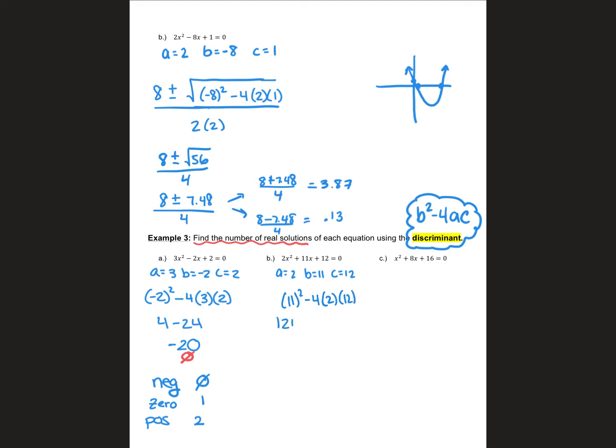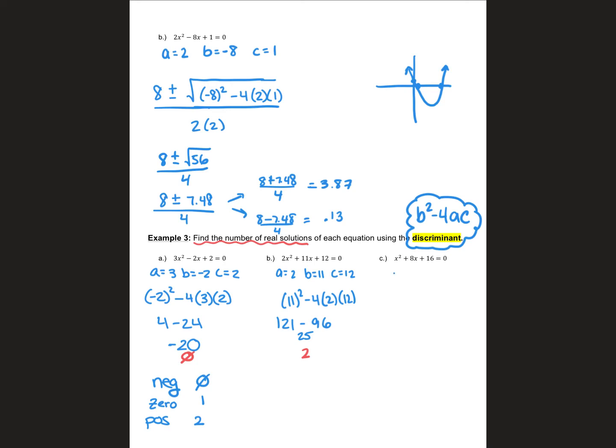So that's 121 minus 96, which is going to definitely be a positive number. I don't even have to finish calculating to get the discriminant if I don't want to, because I know that since it's positive, it's going to have two solutions. If we keep calculating, our discriminant would be 25, though.